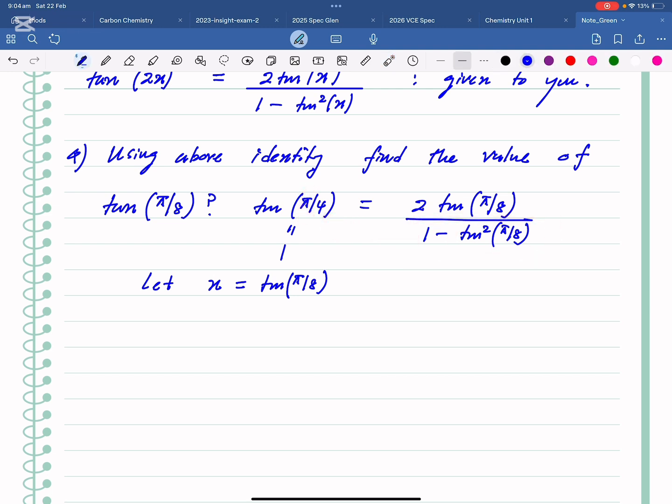So you get 1 is equal to 2x divided by 1 minus x squared. Now cross multiply, so 1 minus x squared is equal to 2x. Understood? So now it's a quadratic: x squared plus 2x minus 1 is equal to 0.